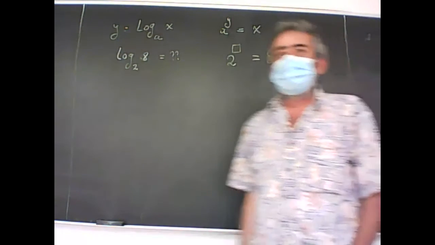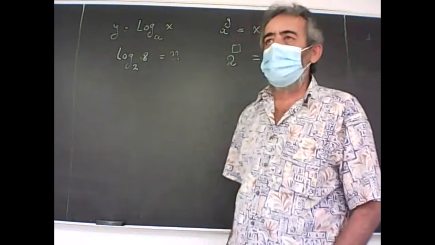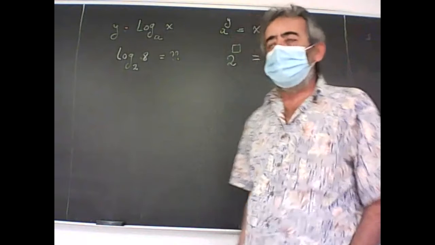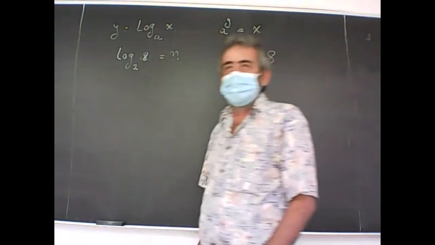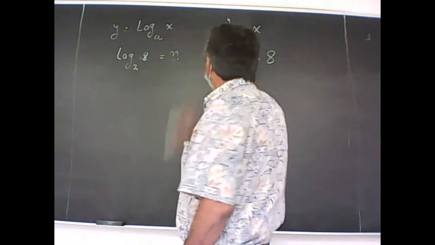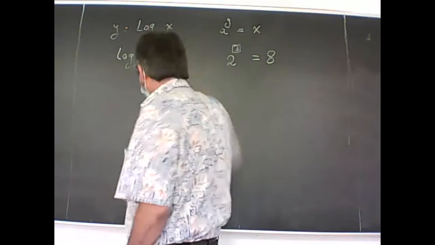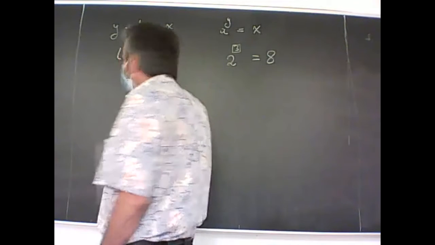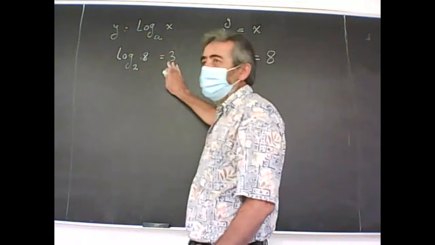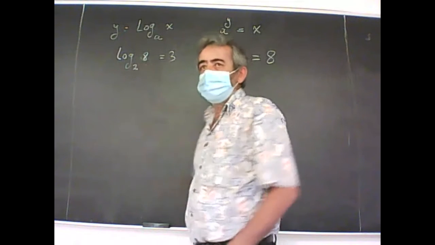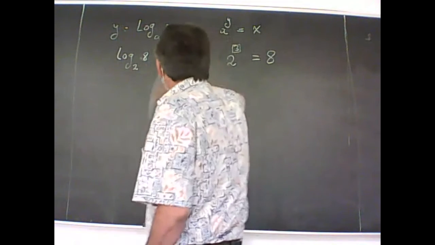What would that answer be? 2 times 4 is 8. But 2 raised to the power means how many times will I multiply 2 by itself to get 8? 3 times. So this is 2 to the power 3. Therefore, the answer to this one would be simply 3, because 2 raised to the third power equals 8. Clear?